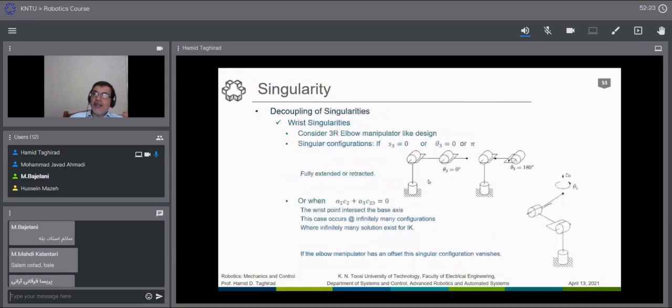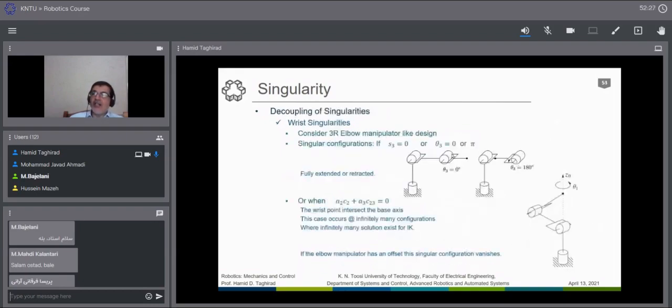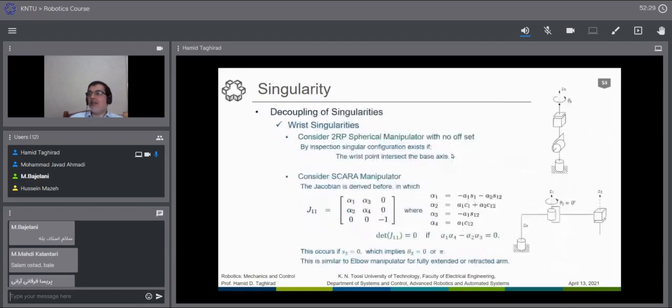Again, the same fully retracted version that we have here, the same thing will happen here. Even if the SCARA is fully extended or fully retracted, we are at the boundary of the workspace and at the singular configuration. Of course, you can find many other examples as well.